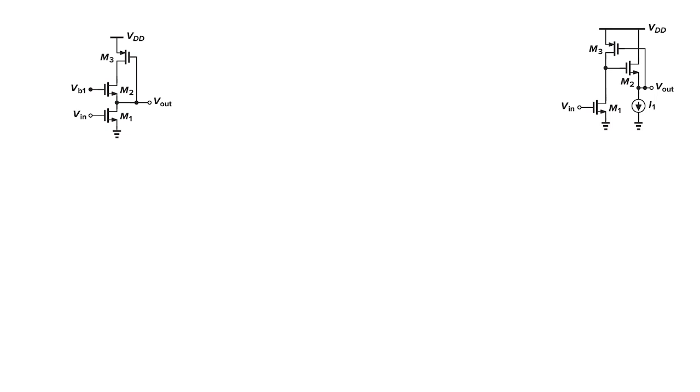You have to first find the impedance of this structure, then find the gain. So let's try to find the impedance of this structure. Okay, so I am drawing the AC equivalent circuit.